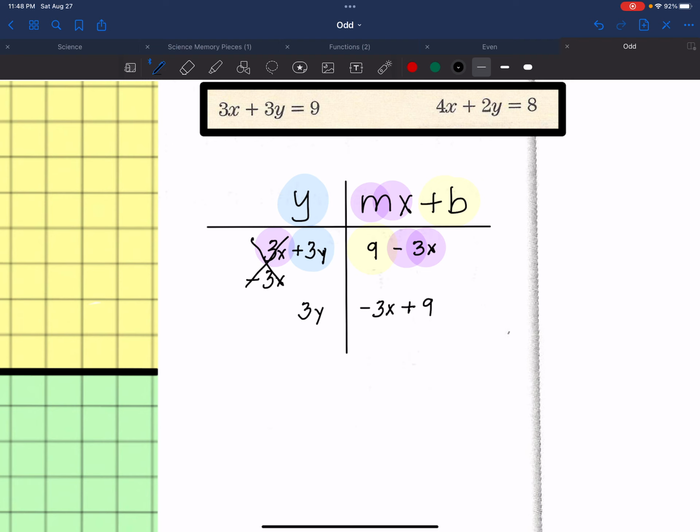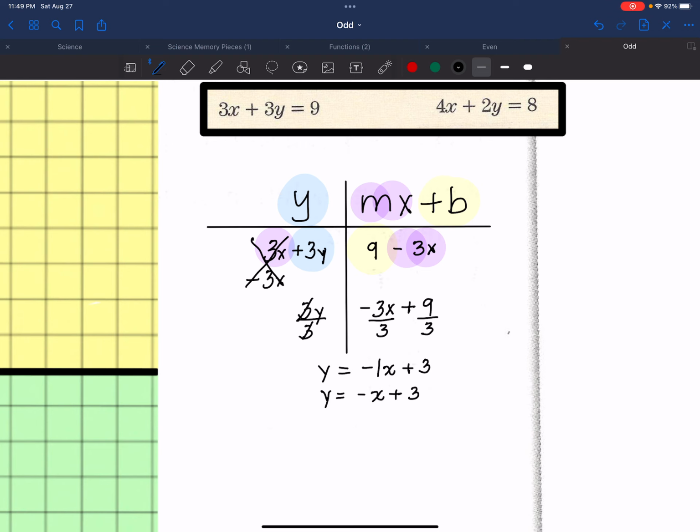We can't have 3y, we need 1y. So let's divide by 3 here, here, and here. So this will cancel. I'm left with y equals 3 into negative 3 is negative 1, x plus 3. And officially that would look like this.